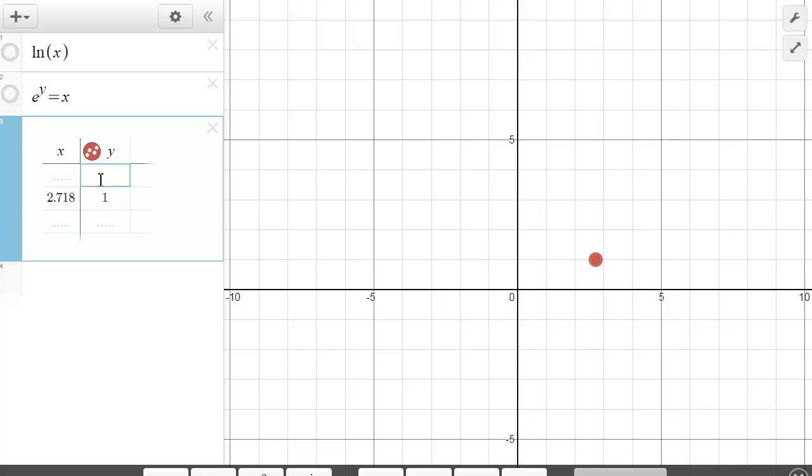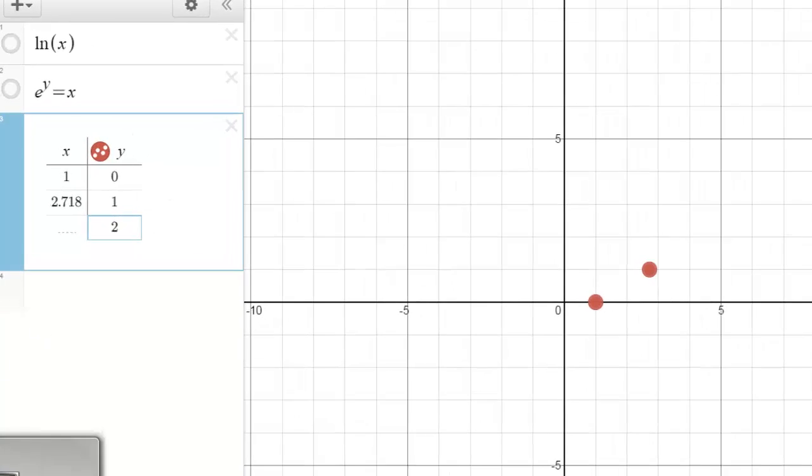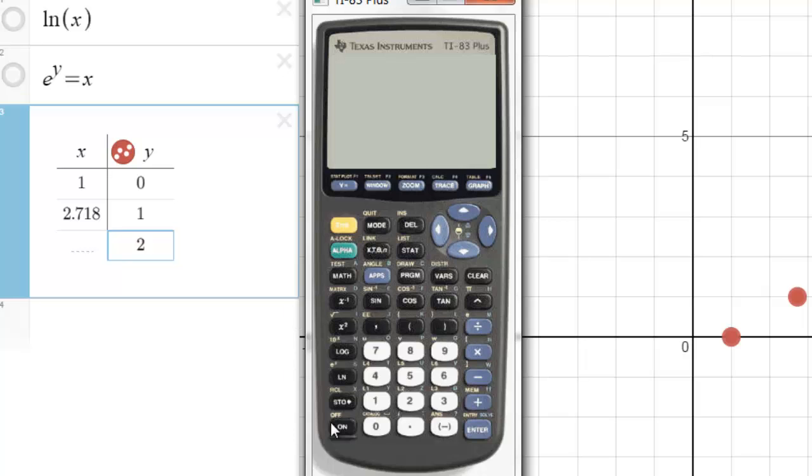When y is 0, e to the y will be 1. And then finally, when y is something like 2, let's pull out the old handy graphing calculator.